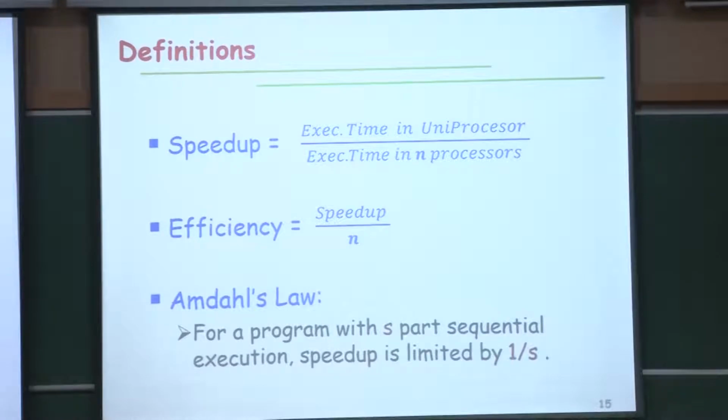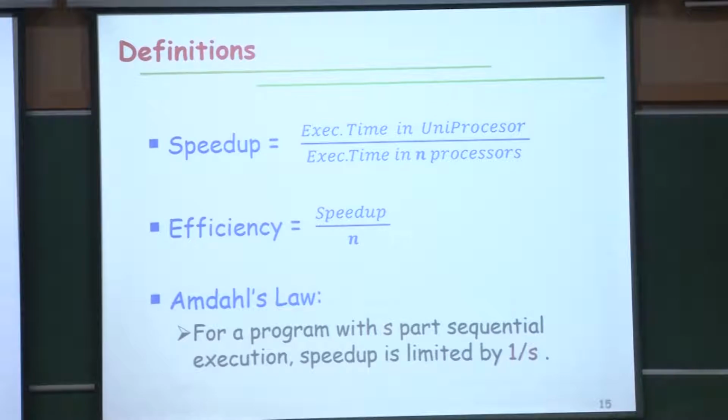So, if 1/4 of your program is sequential, then it does not matter whether you put 10 processors, 10 million processors or 10 trillion processors, you cannot get a speed up more than 4. That is really what Amdahl's law says.